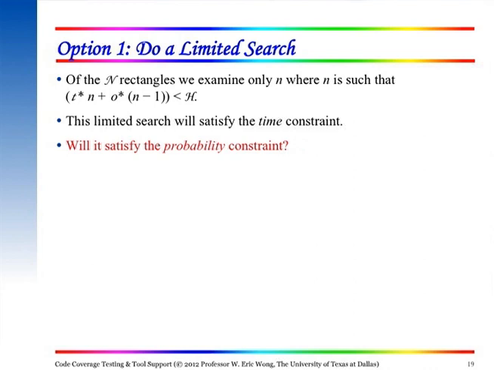So I'm going to examine only part of it and make sure the time which I spend is less than what I'm allowed. But if you do so, then do you satisfy another constraint? That means the probability of finding a stone has to be less than P.